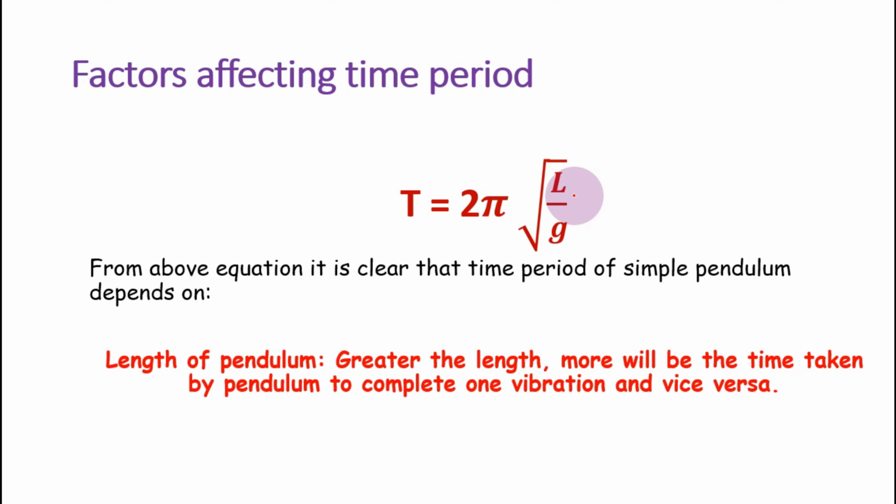Suppose you take 2 swings, one for kids of shorter length, the other for adults having larger length, and you swing both. The larger length swing will complete one oscillation in more time, and the shorter one, for kids, will complete one oscillation in less time. Because for kids the length of the swing is smaller, the time period is small, and for adults the length of the swing is larger, so the time period is larger.